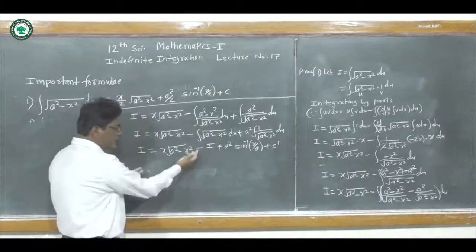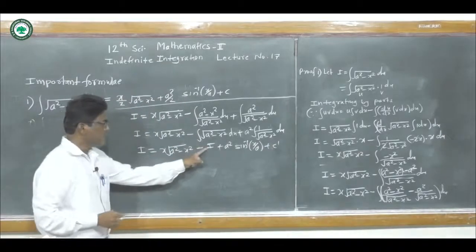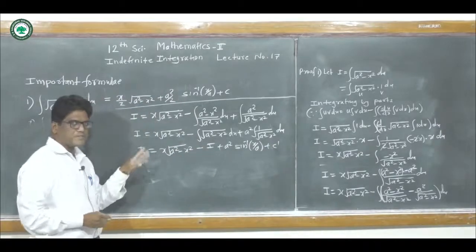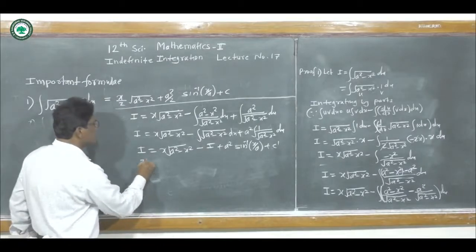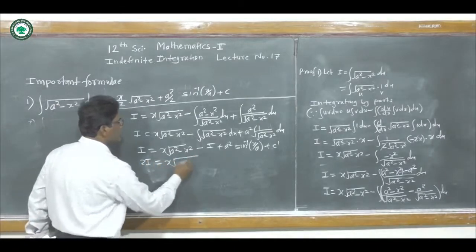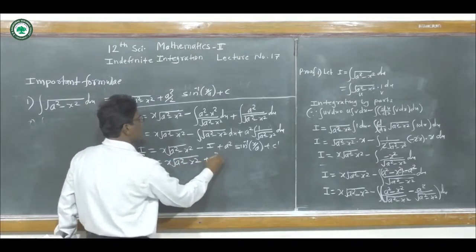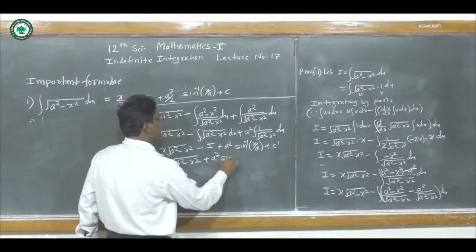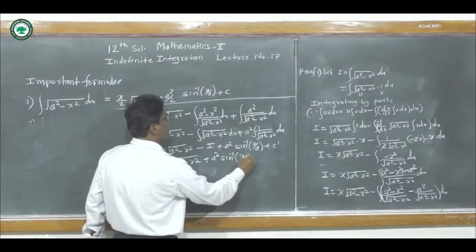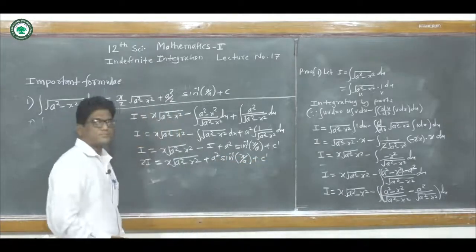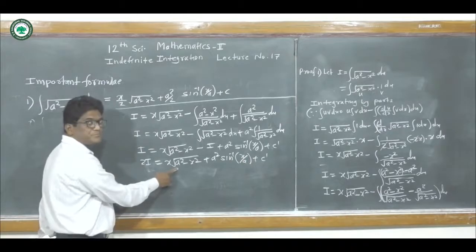And now carry this minus I to the left hand side, minus I becomes plus I. So I plus I, that is equal to 2I. So 2I is equal to x into under root of a square minus x square plus a square into sine inverse of x upon a plus c dash, and then carry this 2.